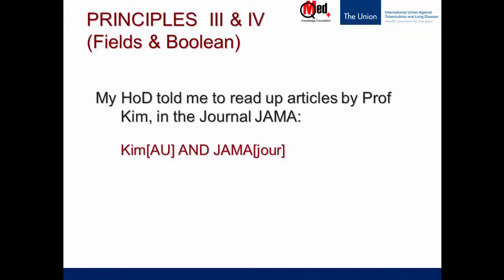So we tag Kim with AU, JAMA with JOUR, and combine the two with the Boolean operator AND, because every result we want must contain Kim as an author, must contain JAMA as a journal. So this is how we tag it. And once again, I'd like to repeat, the search terms Kim, JAMA can be typed in any case, and the tags AU, JOUR have to be in capitals.